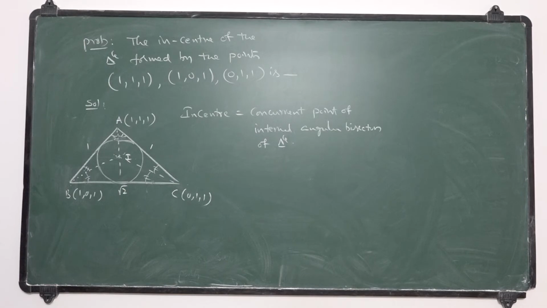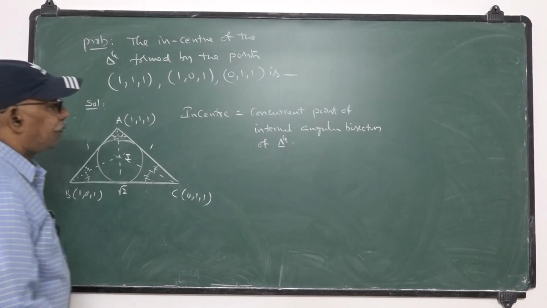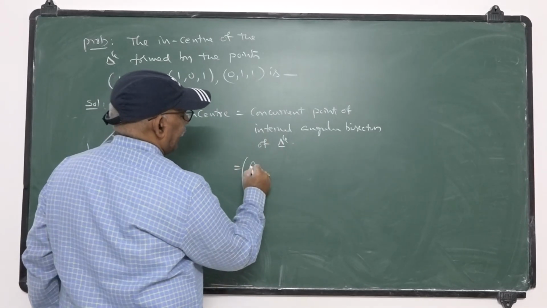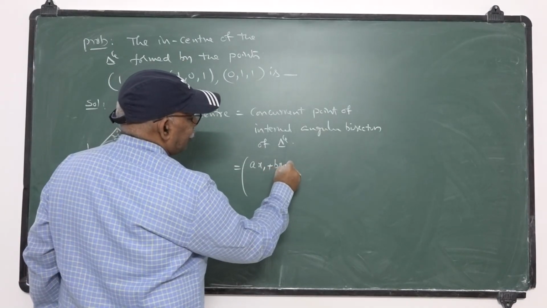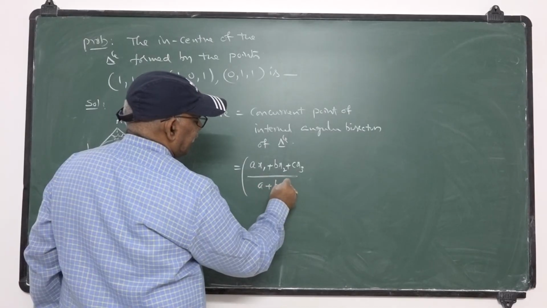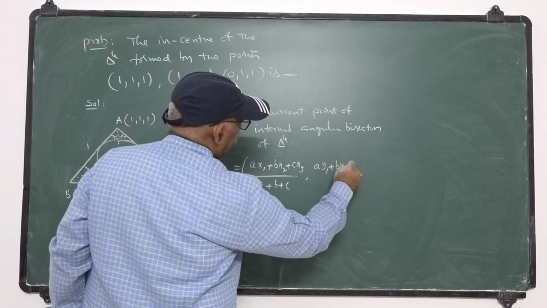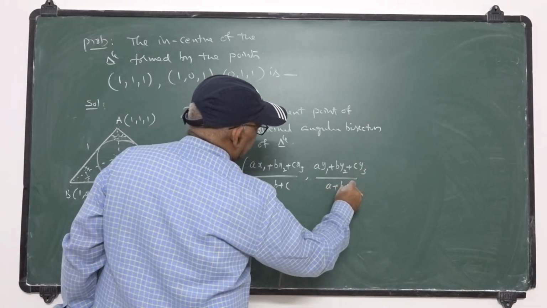Here we have to find the incenter of this triangle once the vertices are given. The formula is given by, as in two-dimensional geometry, (ax1 plus bx2 plus cx3) by (a plus b plus c). Similarly, (ay1 plus by2 plus cy3) by (a plus b plus c).